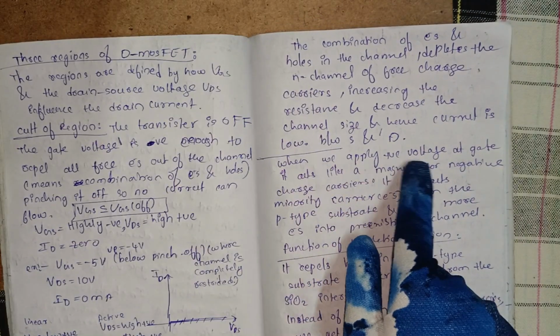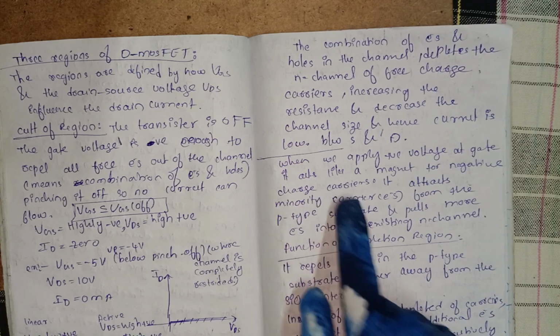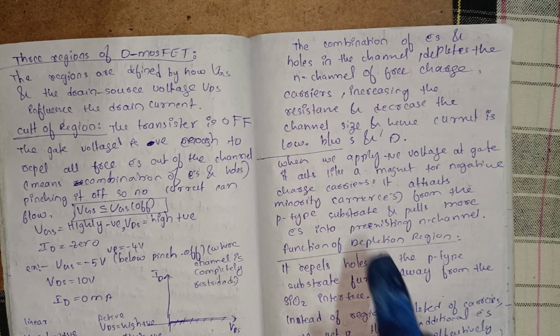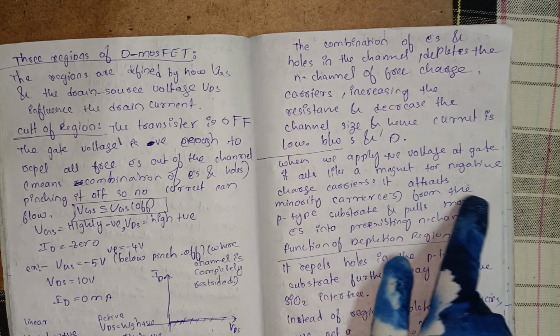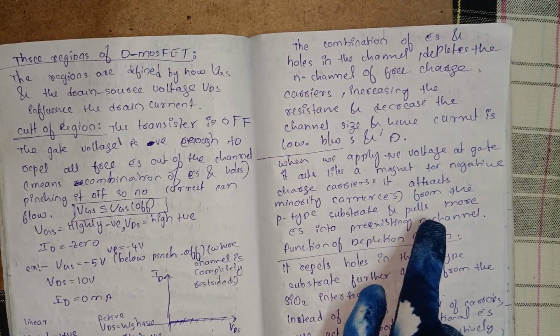Then when we apply a positive voltage at the gate, it acts like a magnet for negative charge carriers. It attracts minority carrier electrons from the p substrate and pulls more electrons into the pre-existing n channel.